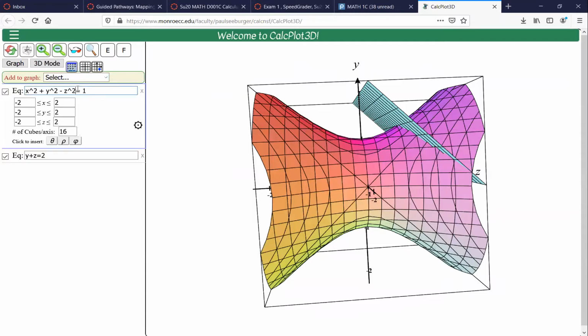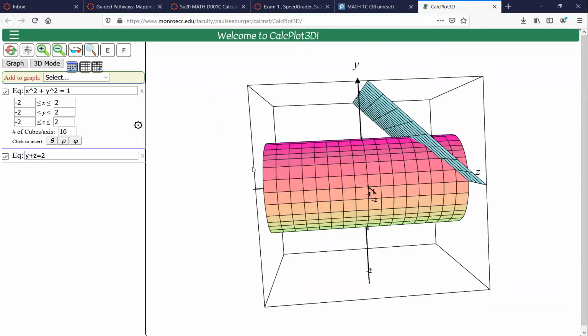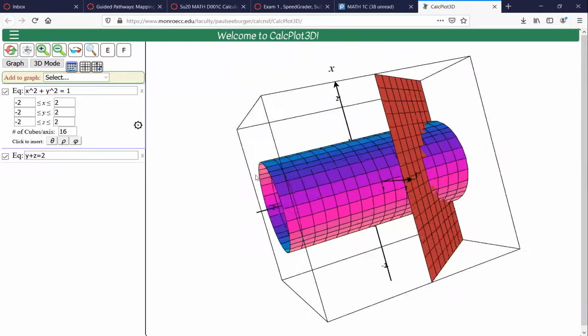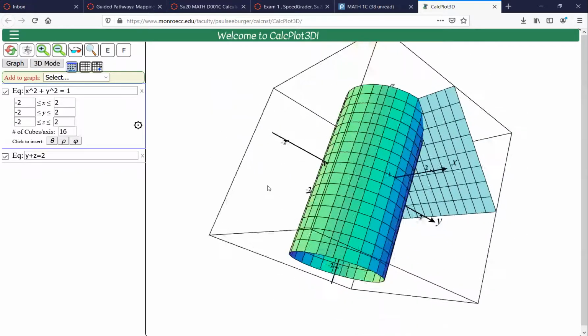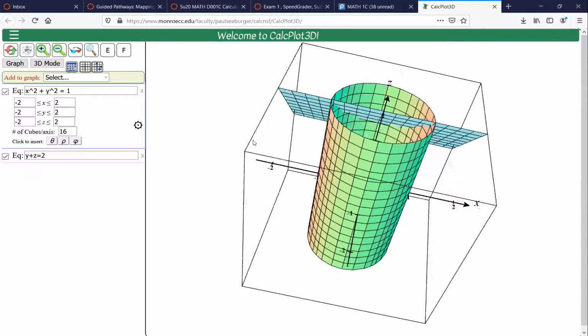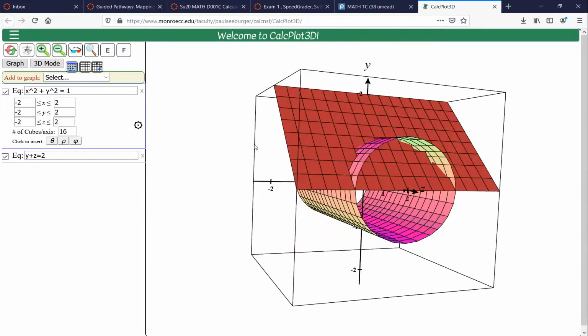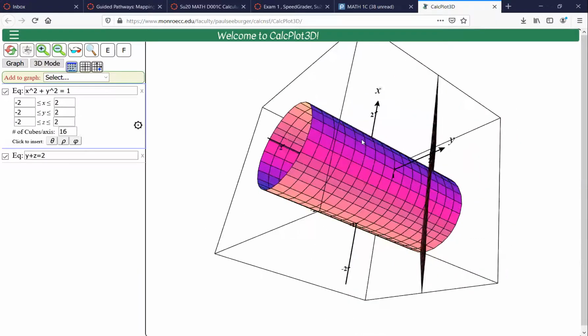So we want to find the equation of this vector function, the intersection between this plane and cylinder.